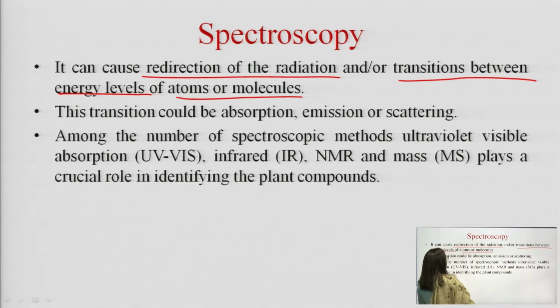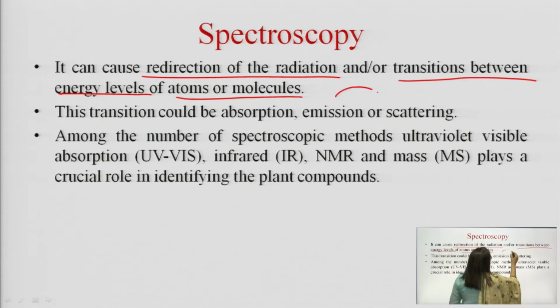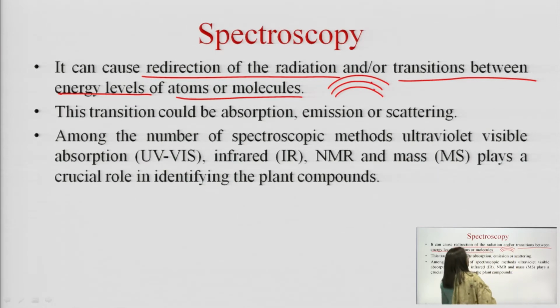As already known, atoms and molecules have various energy levels with subatomic species like electrons, protons, etc., and either redirection of this energy or transition between these various energy levels will lead to the spectral changes. This transition could be as absorption, emission or the scattering effect.